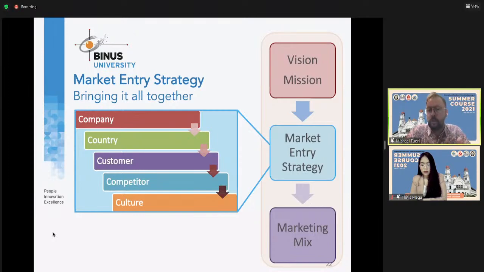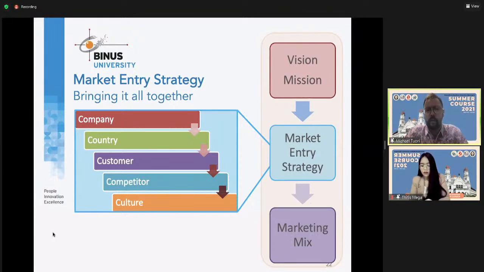So once we have our market entry strategy covering these 5 aspects, then we want to look to our marketing mix to make decisions about our product. Maybe we want to adjust our product to a different customer segment or to the purchasing power of people in that country.